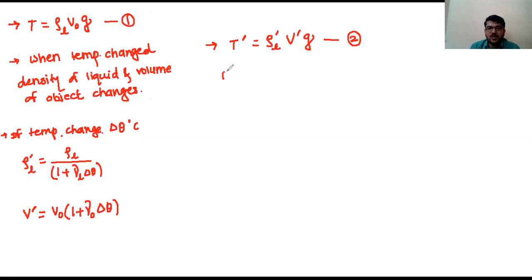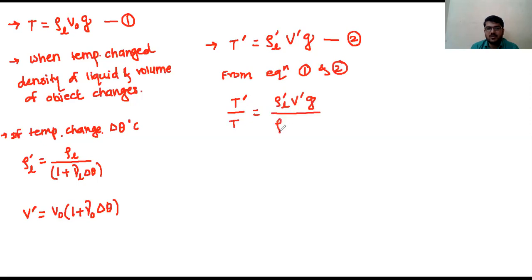So from equation 1 and 2, if I am dividing these two, T dash by T is equal to rho L dash V dash g divided by rho L into V naught into g. Yes or no? What we got?